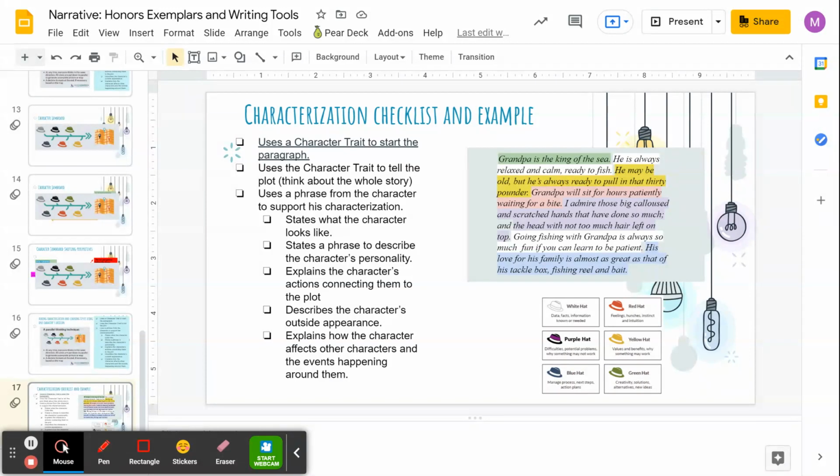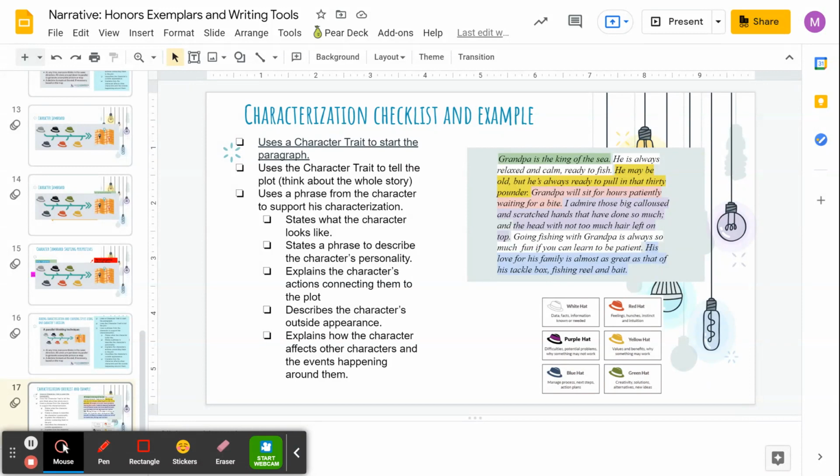The fifth sentence is a purple type of sentence, and it evokes that perspective in that it says, I admire those big, calloused, and scratched hands that have done so much. Notice how both of those point out the difficulties or the potential problems or the negatives of somebody's physical appearance, but it finishes in a sense of positivity.